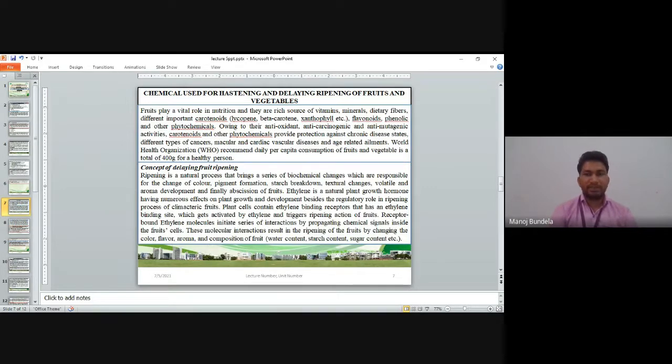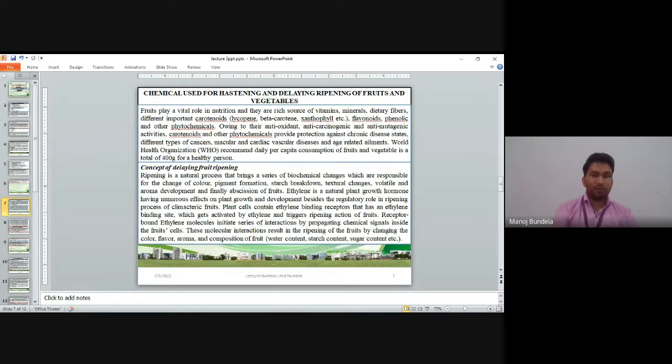Ethylene works as a natural plant growth hormone, having numerous effects on plant growth and development, besides a regulatory role in the ripening process of climacteric foods. Plant cells contain ethylene receptors that have an ethylene binding site, which gets activated by ethylene and triggers the ripening actions of fruits.